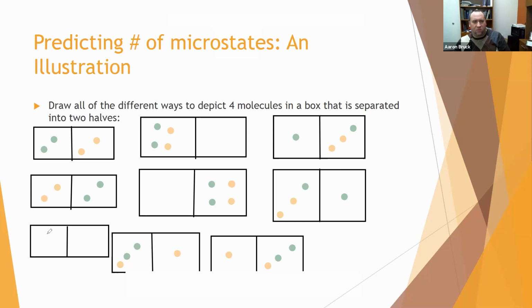Or the third state would be I've got an orange in each and a green in each, and there's no switching analog to that because it would be exactly the same.